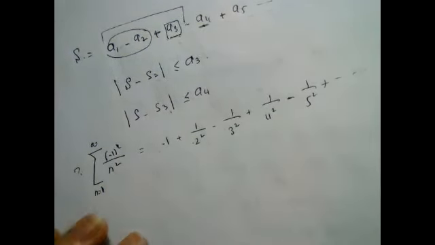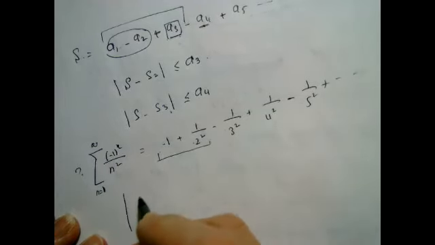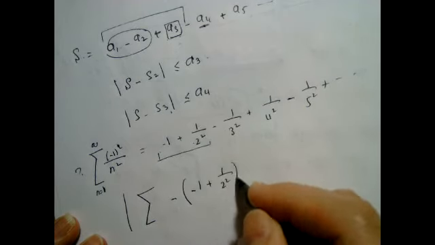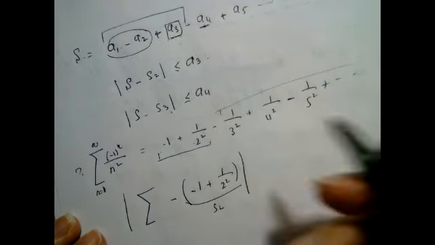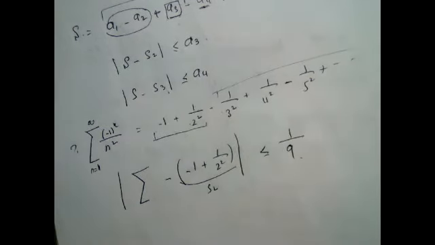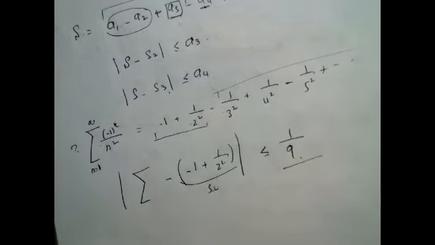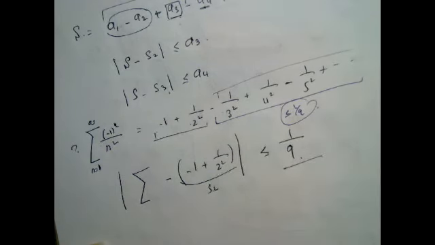However, if I use the first two terms to estimate it, so this is S2, I'm leaving off a lot of terms. I get an error in the estimate, and the error would be less than 1 over 9, which is not too bad. Intuitively, it means this whole remainder is less than 1 over 9.